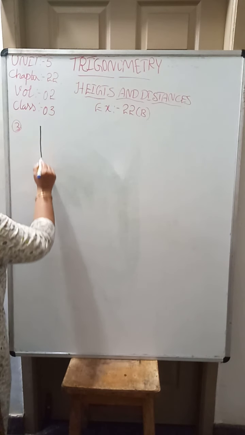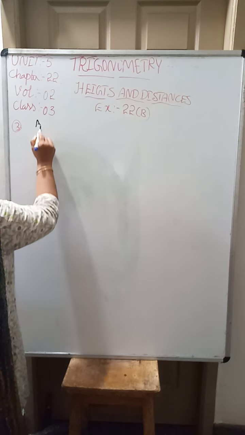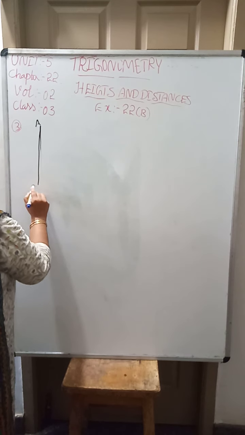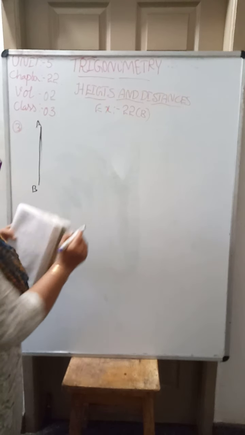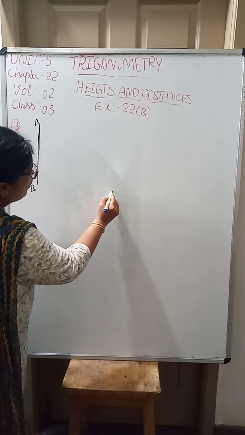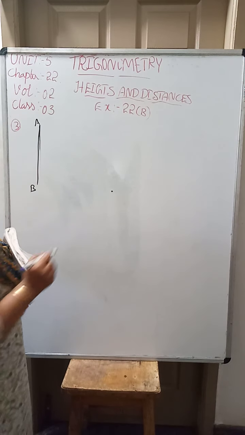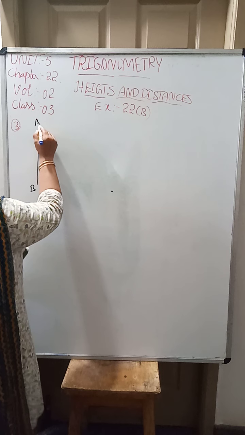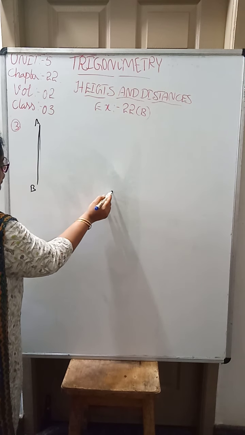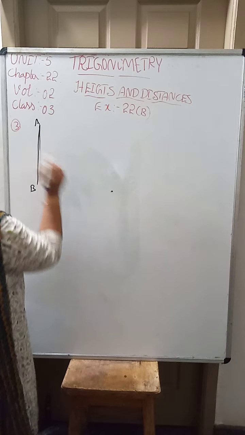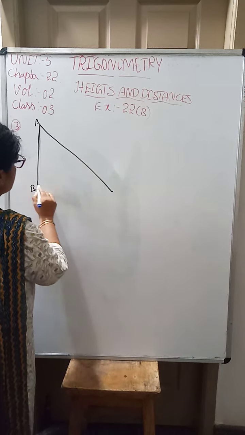Children, let AB be the building. Now here a person starts walking towards the foot of the building. When he observes the top of the building from here, it seems to be 30 degree.